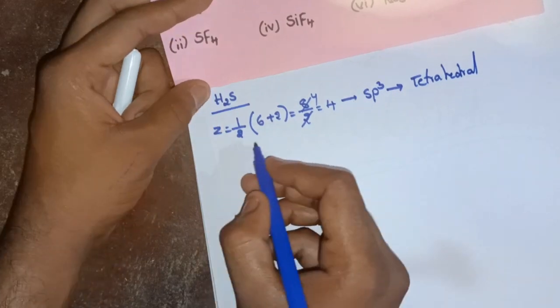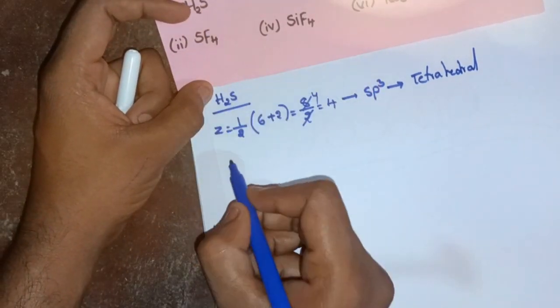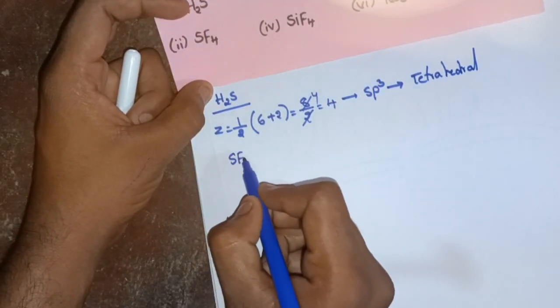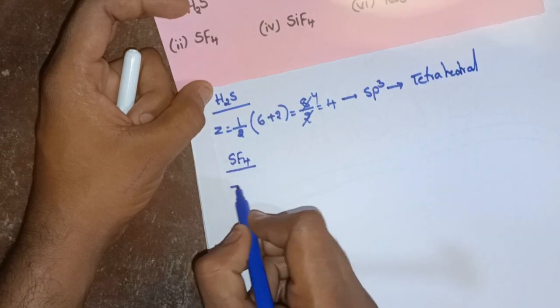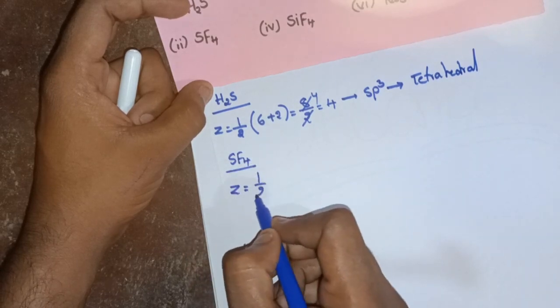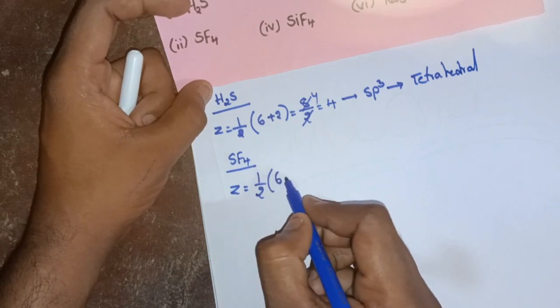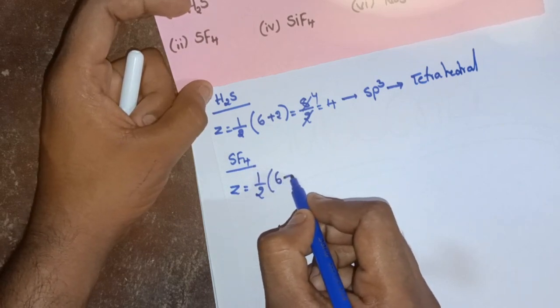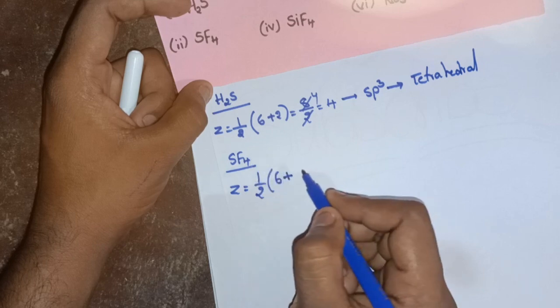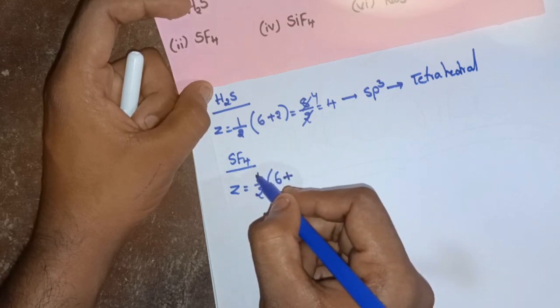Let's find out the hybridization for SF4. Z is equal to half of the number of valence electrons of sulfur, 6, plus negative charge if present. No. Is a positive charge present in this molecule?